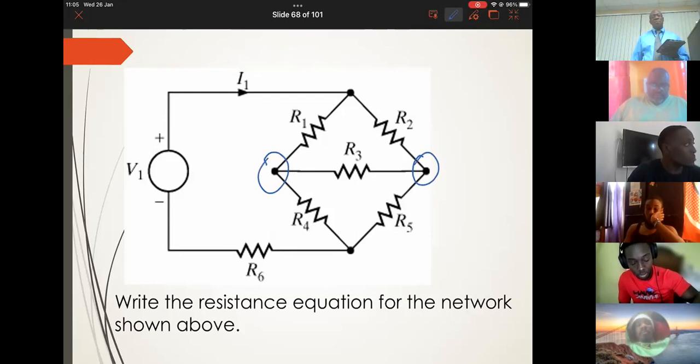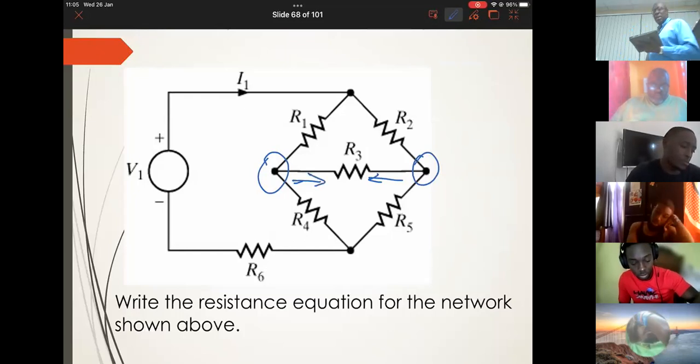Now, the issue Mr. Clark had, which is understandable, was that you had current possibly going in that direction and that direction. So based on your analysis, you were seeing currents entering the resistor from both ends. Okay?